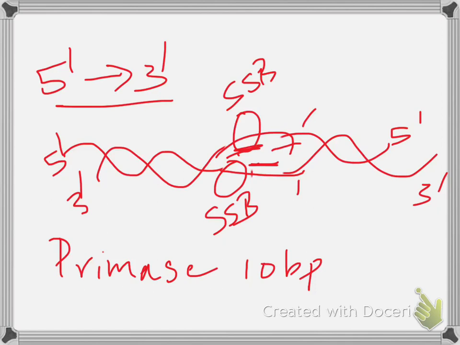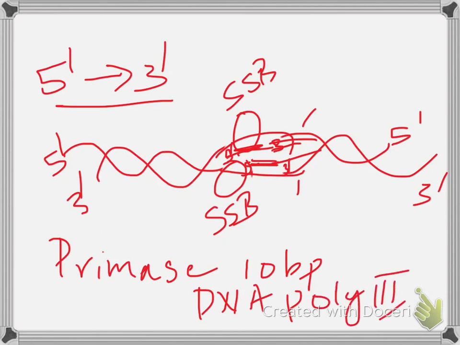Now the primase adds the primer in the 5' to 3' direction, and the nucleotides are added by the enzyme DNA polymerase 3.